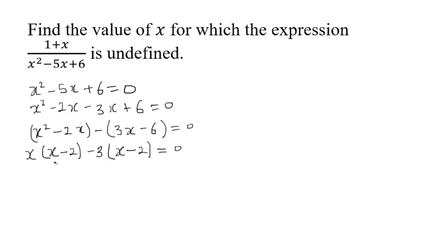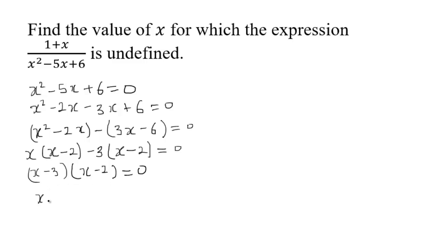Then you could see we have a common factor, x minus 2. So we put x minus 3 in one bracket and then x minus 2 in another bracket, equal to 0. Now we have two factors, x minus 3 and x minus 2. We pick each of them, equate it to 0 and solve for x.